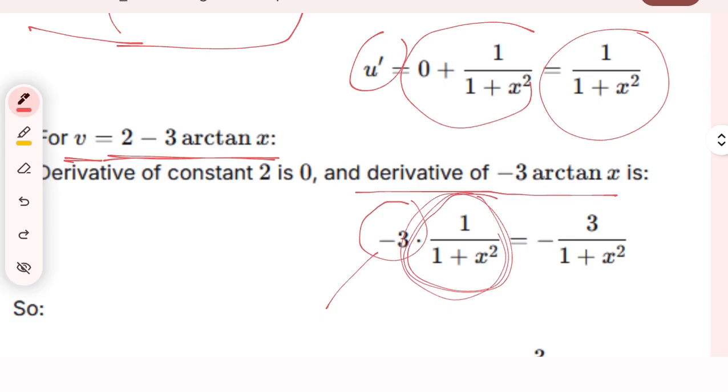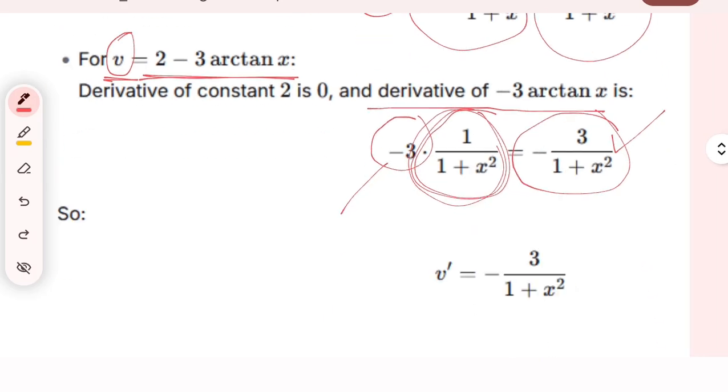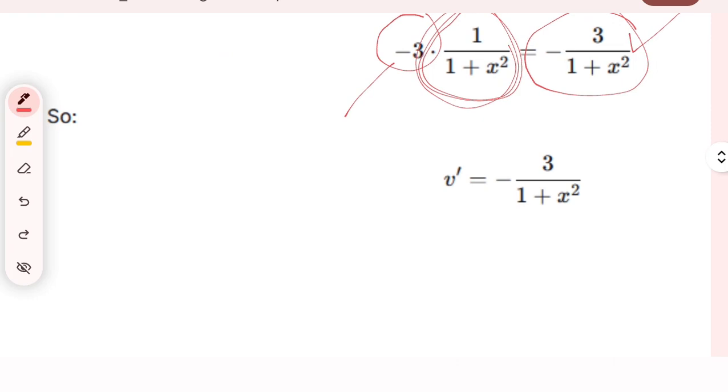When you multiply both, it gives you negative 3 over 1 plus x squared. So this is now the derivative of v. We now have the derivative of u and the derivative of v.